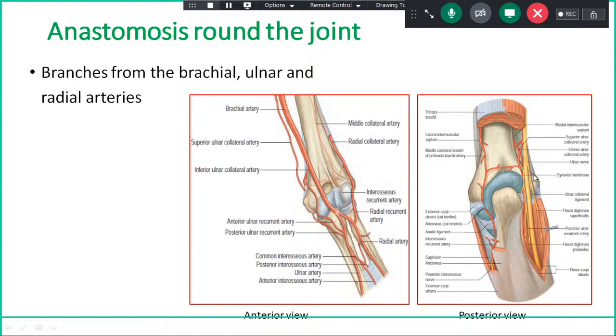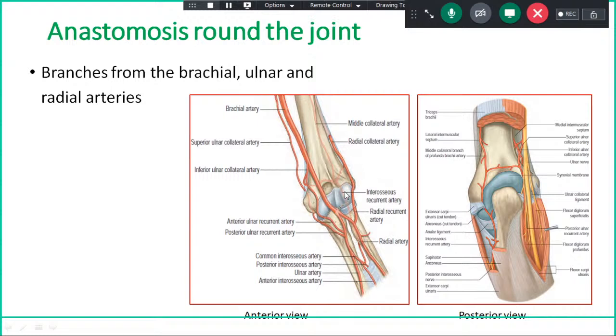And this is the posterior aspect, but here you cannot see it well. Here you can see the inferior ulnar collateral artery. It is very small, but on the lateral aspect, this is the inferior ulnar collateral artery and the superior ulnar collateral artery.